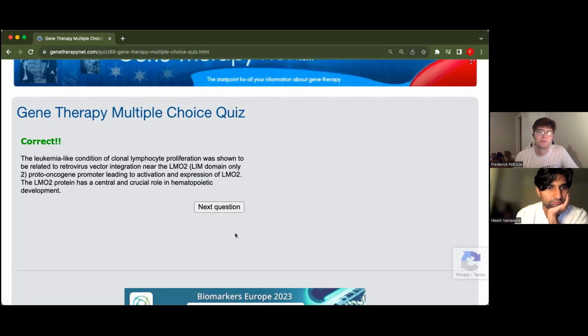So basically, for those who might not have taken genetics, if you insert a gene too close to something like a proto-oncogene, wait, no, it's downstream. So what exactly is LMO2?